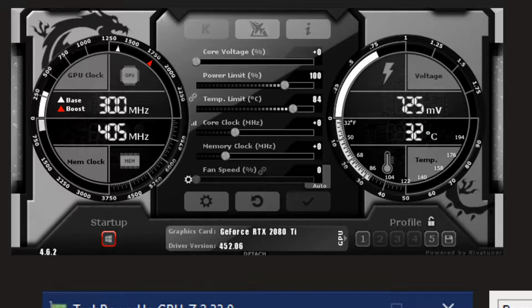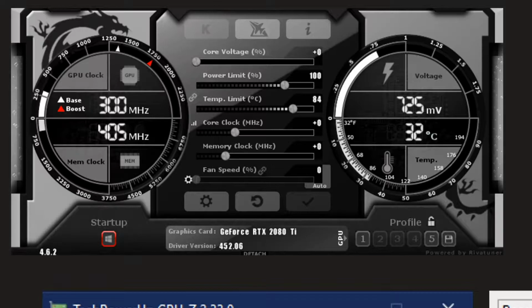But yeah, maxing the power limit will definitely increase your performance, because the power limit is connected to the GPU boost algorithm. Both NVIDIA and AMD have one. They work a bit differently, but the way the power limit is implemented is basically the same. When the GPU boost algorithm determines the clock to run at, it looks at several things.